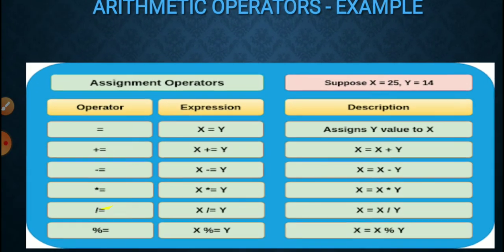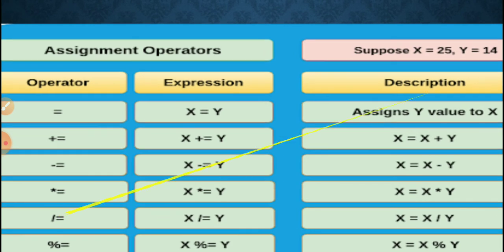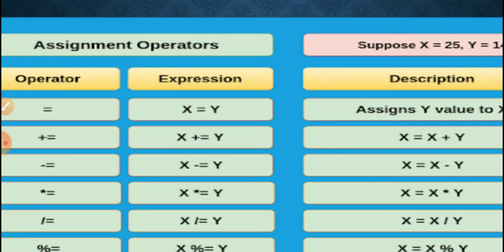Another example for arithmetic operators. As usual, what you learnt already, the same is given here. Equal operator, x equal to y, that is y is assigned to x. x plus equal to y, that is x equal to x plus y.